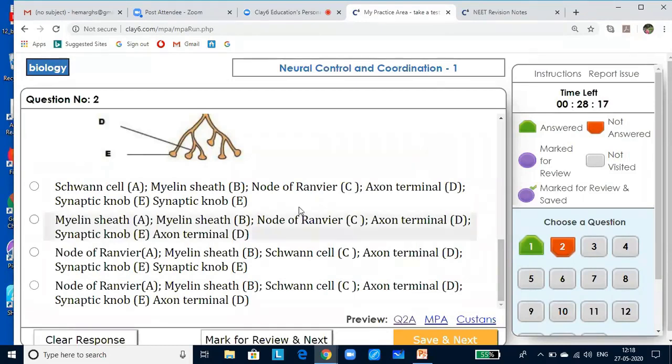Now let us look into it. The first one is Schwann cell. It is found only here. That means this is my correct choice. So let me click on it. Schwann cell, myelin sheath, nodes of Ranvier, axon terminal, synaptic knob.